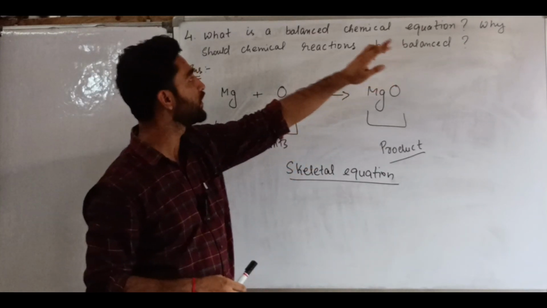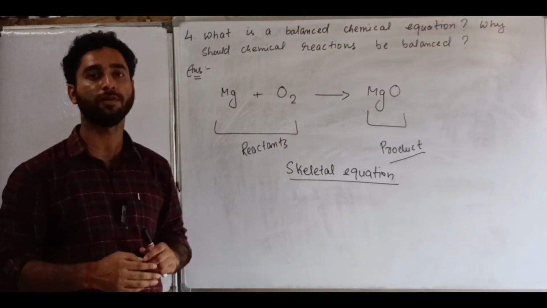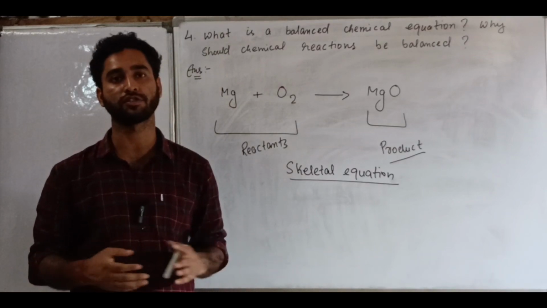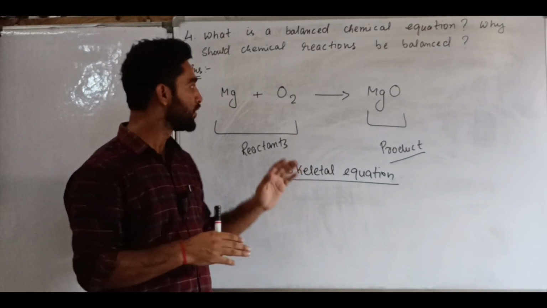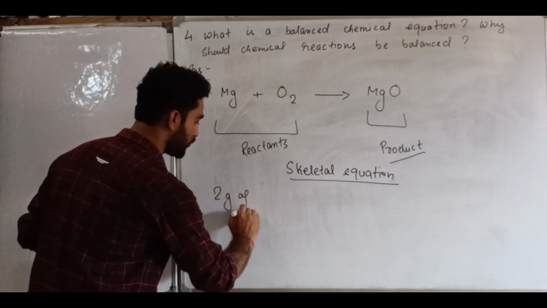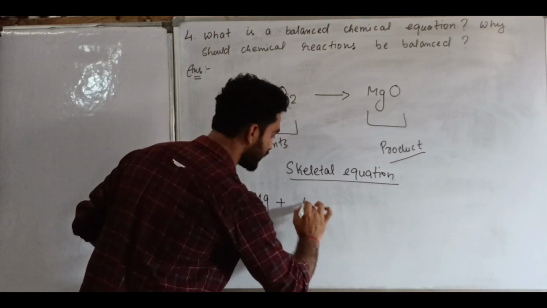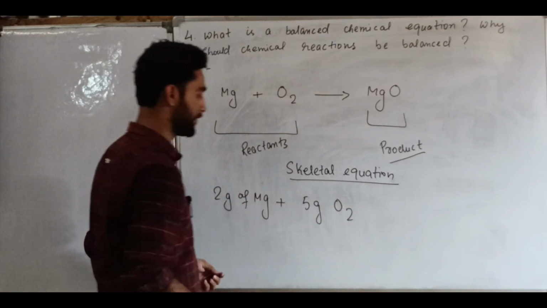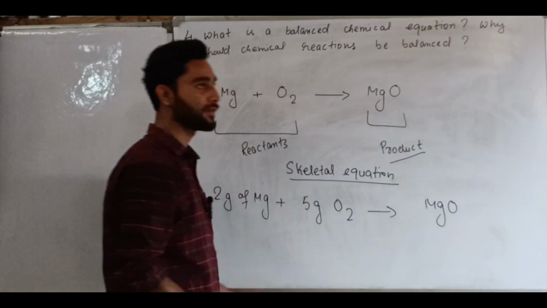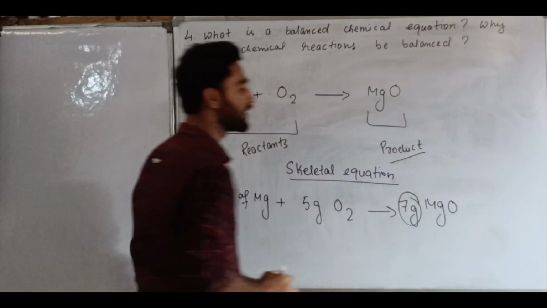Now the next part of the question: why should we balance chemical equations? From the law of conservation of mass, we know that mass can neither be created nor destroyed in a chemical reaction. For example, if I take 2 gram of magnesium and react it with 5 gram of oxygen, then I will get the product magnesium oxide, and the mass of the magnesium oxide will be 7 gram.